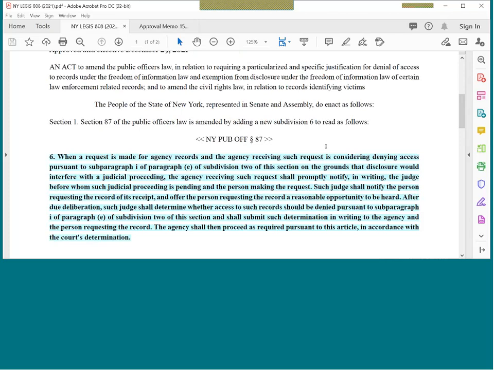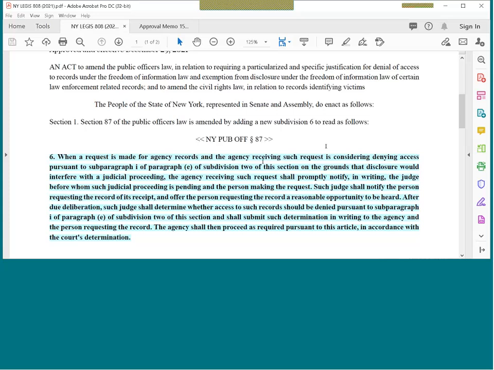What the legislature passed was language basically stating that if an agency, let's say a district attorney's office or a police department, wanted to deny access to records on the ground that disclosure would interfere with a judicial proceeding, they had to go through this entire review process involving the court system. And I'm not going to go into too much detail because when the governor signed the bill, she said, I don't think this is good. I don't think this is going to work.